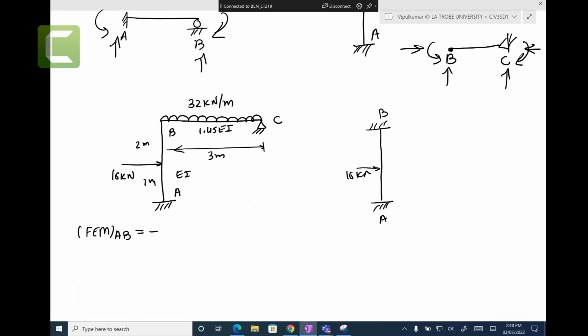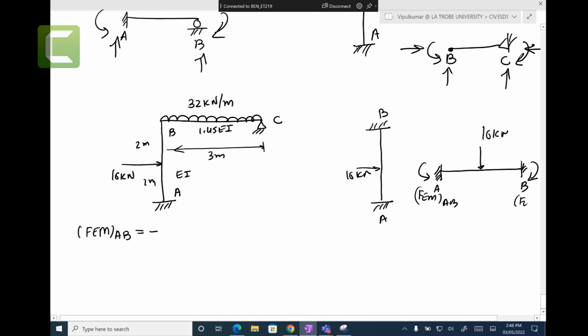So what I do is, I just tilt it. Whatever the moments for 16 kilonewtons, we have these figures: fixed end moments of AB, fixed end moments of BA. If I tilt it, it will still be like this.